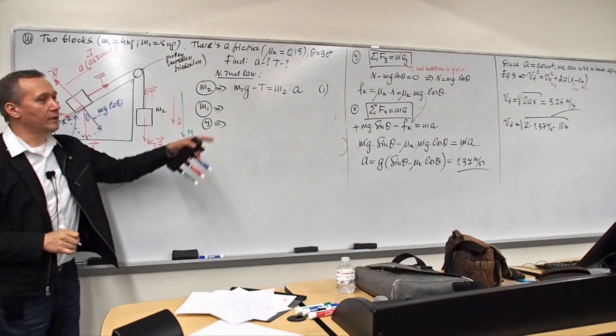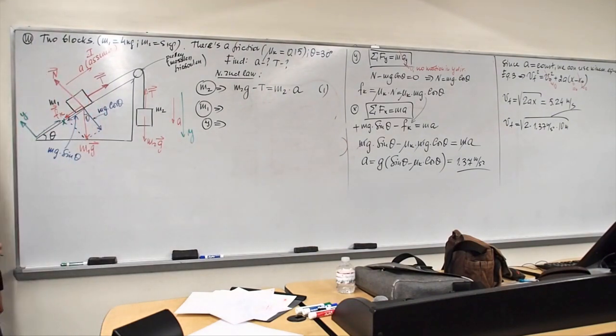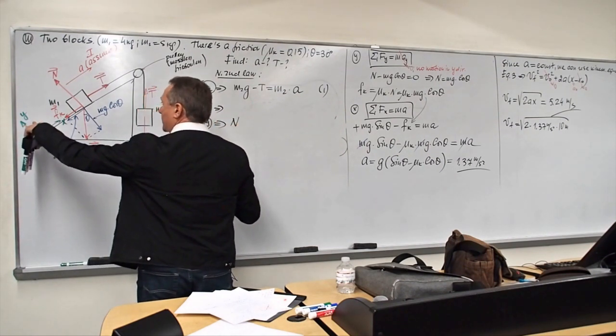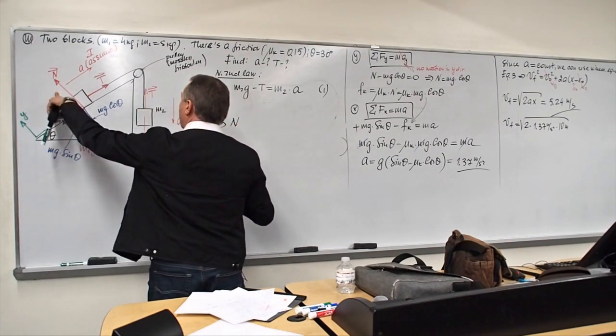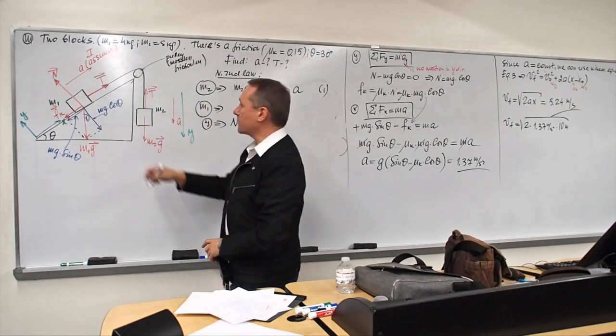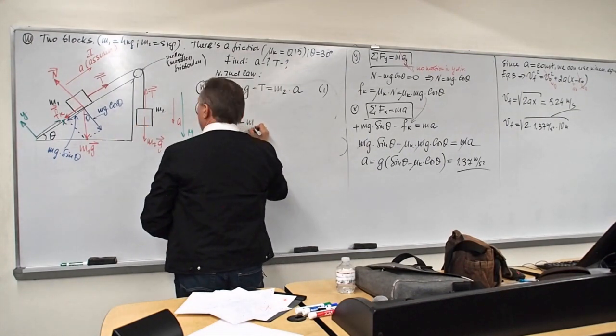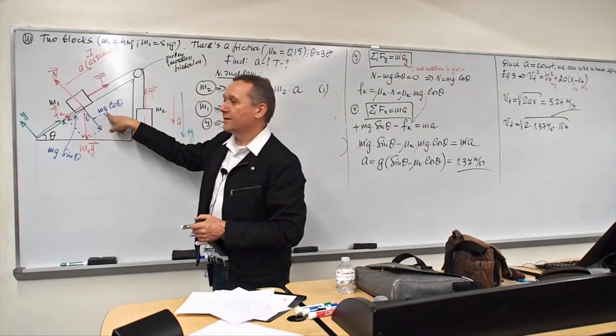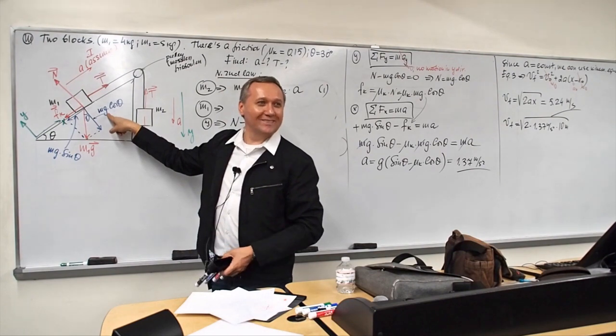So m1, and let's start with the y direction. N is positive. Looking at this coordinate system, y upward, so N is positive and gravity is negative: minus mg cosine theta. Again, I made the same mistake with the subscripts.